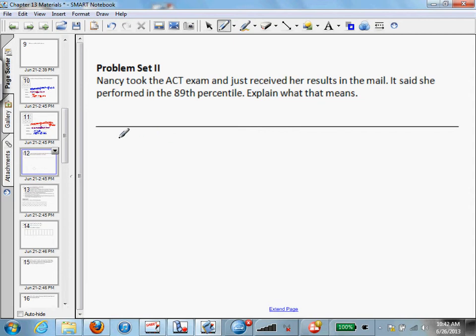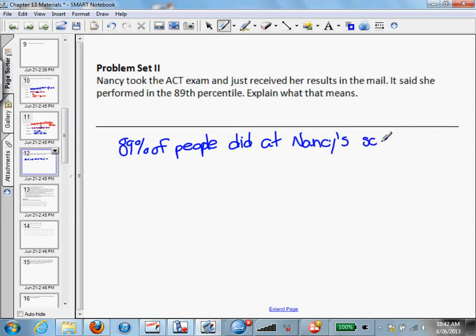So what that means is that they did at least, meaning they made exactly what Nancy did, or worse.